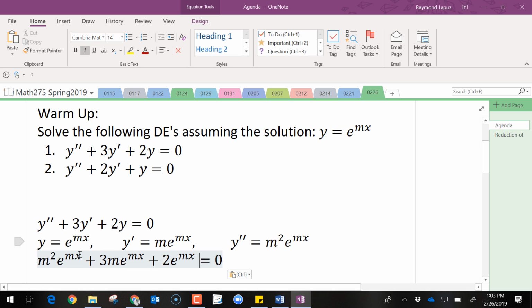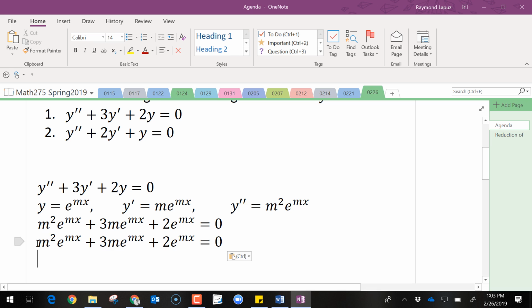So what can we do here in this equation? We can what? Factor out. What are we going to factor out?